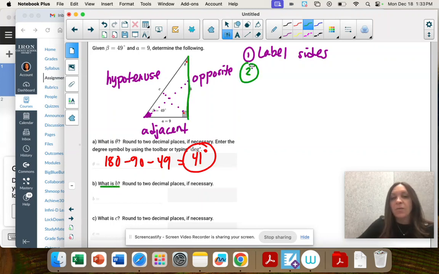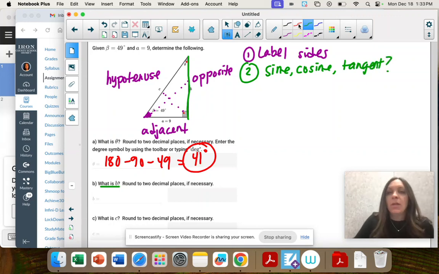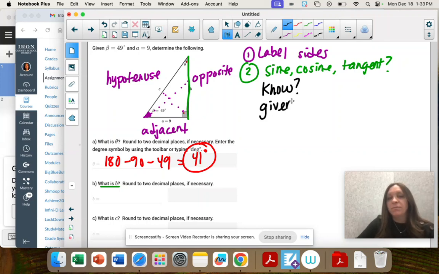So our next step is, are we going to use sine, cosine, or tangent? And I like to ask myself two questions. So my first question is, what do you want to know? And then what are you given? So we want to know the opposite side, and we're given the length of the adjacent.